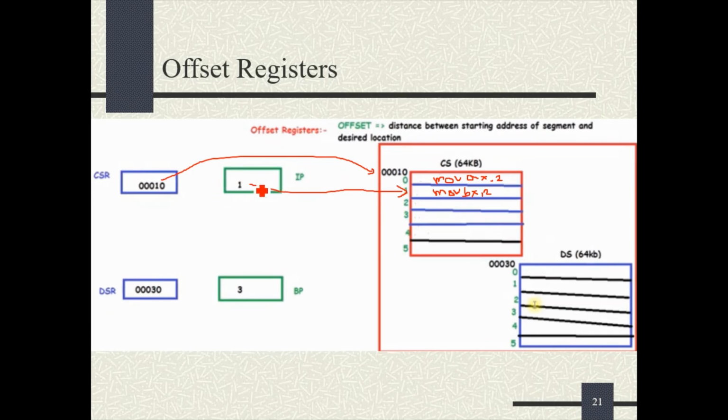So here we can say that the code segment register is pointing towards the starting value of the code segment of the process which is currently being executed on the processor, and its corresponding offset register is stating the location from where the instruction is to be fetched from the code segment.